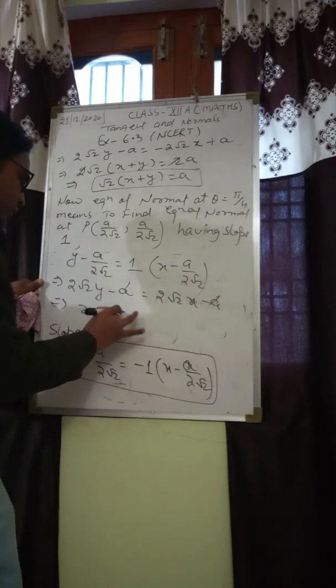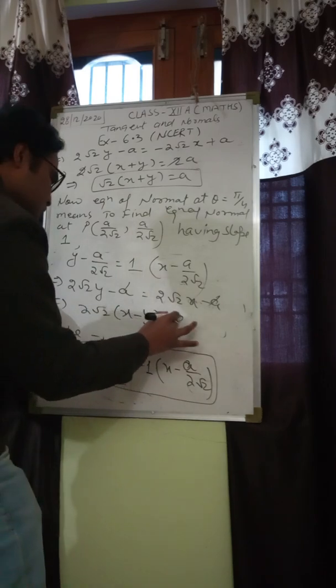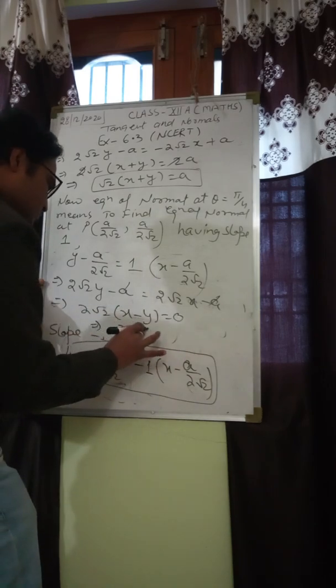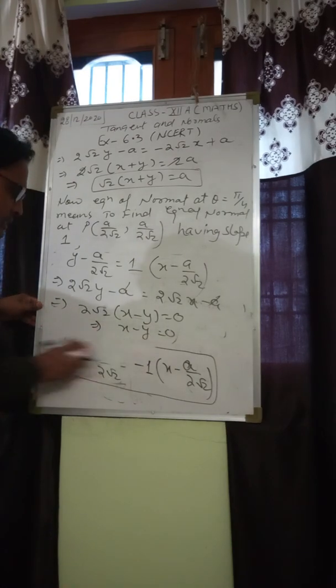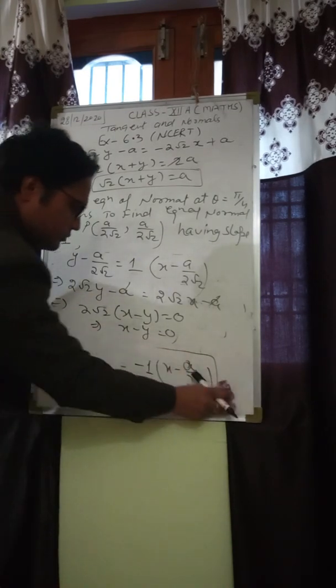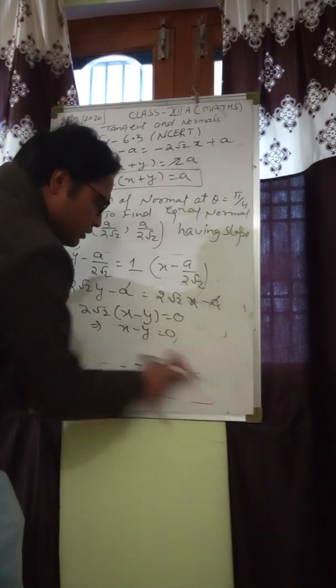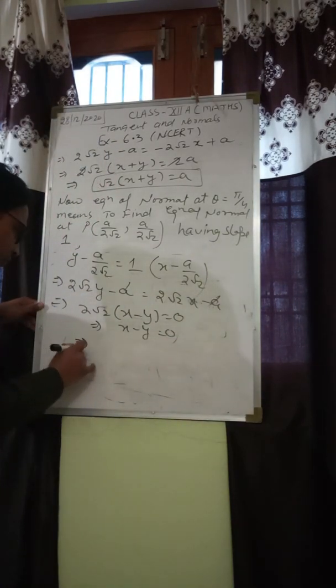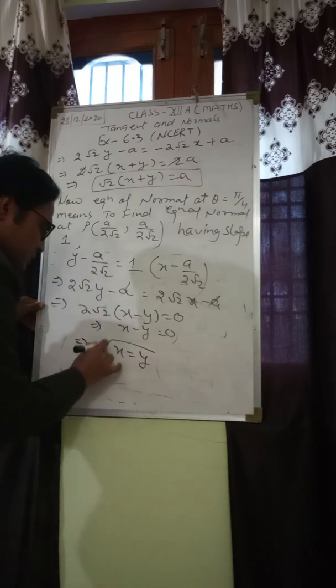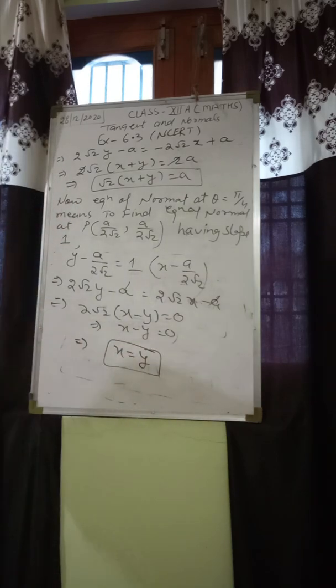We have 2 root 2 x minus y equals 0, that means x minus y is equal to 0, so the equation of normal will be x is equal to y. Equation of normal is clearly x is equal to y. That is the equation of normal at that point. Okay, got it?